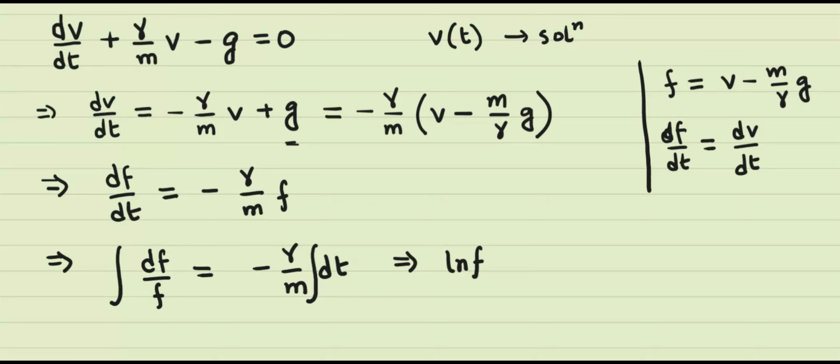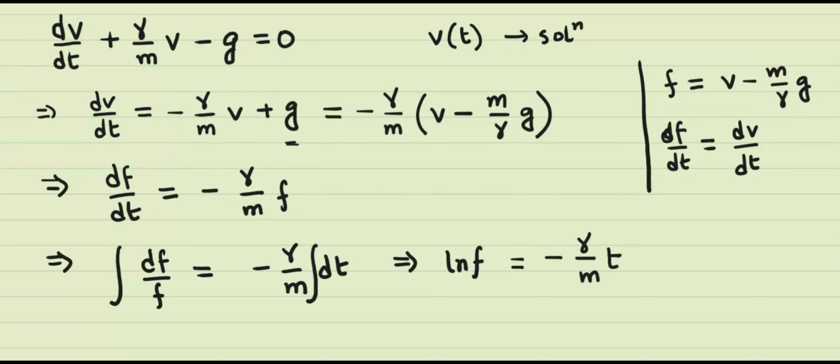So we have natural log of f equals negative gamma divided by m and then t. Of course we have to write down the integration constant, which we need to place whenever we carry out the anti-differentiation process.